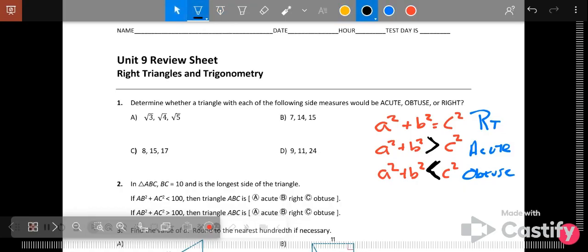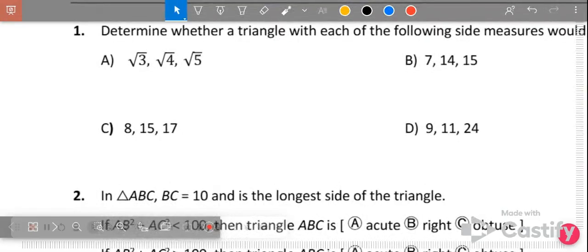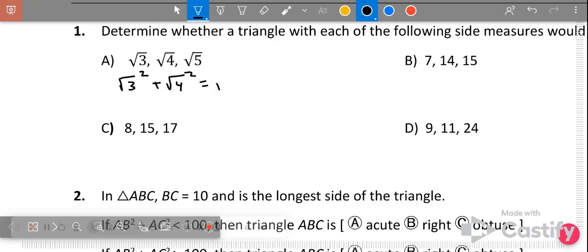Let's zoom in and try number 1A. You have root 3 squared plus root 4 squared equals root 5 squared. The square root and the squared cancel each other out. That's the whole point of the square root, or the radical sign.